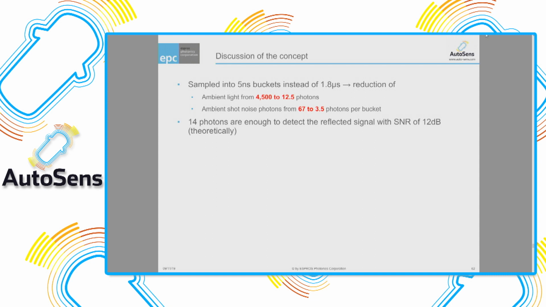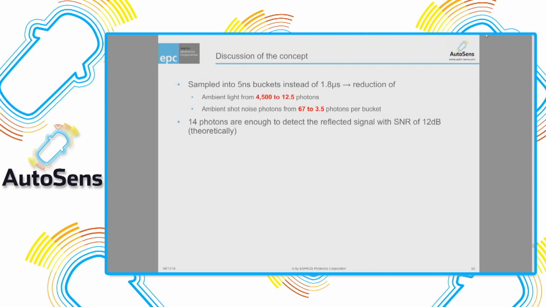Okay, so let's continue here. Going back to the initial example, if we collect 4,500 ambient light electrons in 1.8 microseconds, when we sample that in 5 nanosecond buckets, we just collect 12.5 electrons in one bucket. The square root of 12.5 is 3.5.